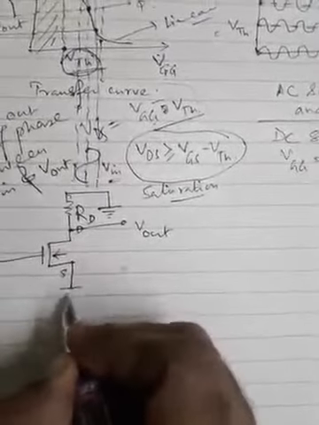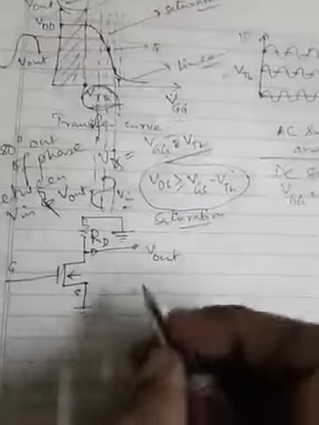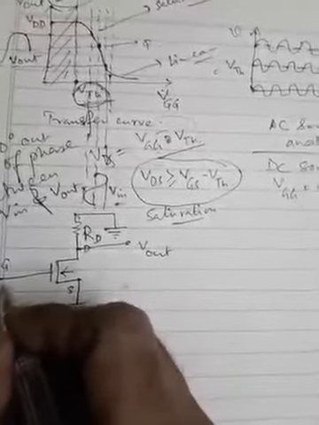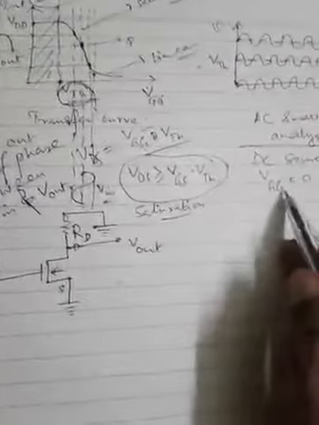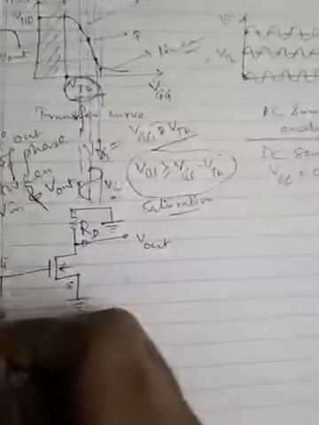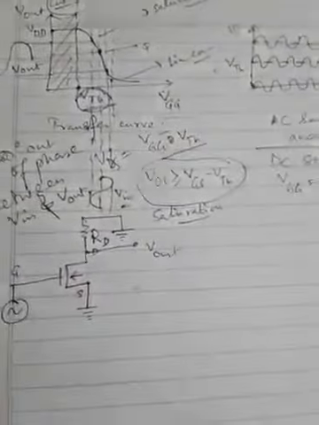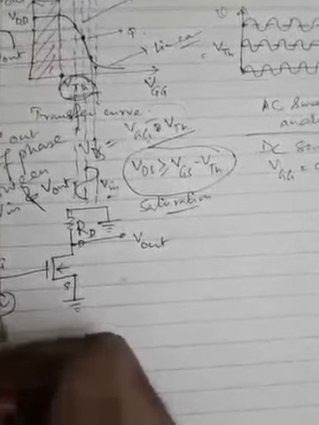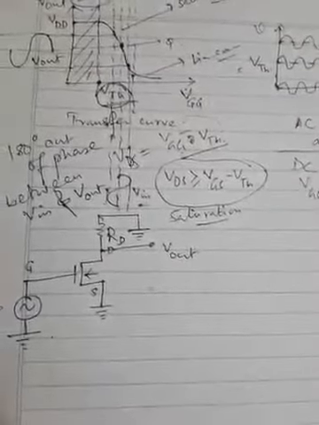The source is directly connected to ground, and at the gate terminal VGG is not there, and since it is the AC small signal analysis, we have the AC source applied over here, which is equal to Vi, and that is directly connected to ground, as VGG is 0.